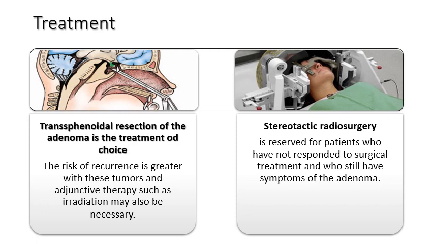So we have to do transsphenoidal resection of the adenoma, which should be followed by surveillance. If there is recurrence of the tumor, the next step is either surgery or stereotactic radiosurgery, which is reserved for patients who have not responded to surgical treatment or still have symptoms from the adenoma.